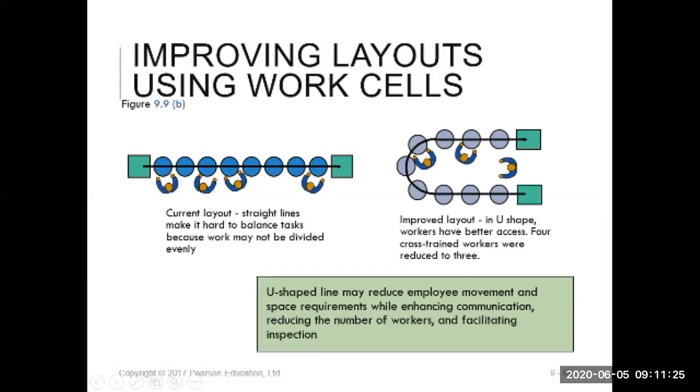And also you can cross train. In the work cell, you have to cross train workers to be able to use all the machines and handle all the processes. That's most important in the work cells. With a U-shape line, you can reduce employee movement; you don't have to move from one machine to another, so less movement.